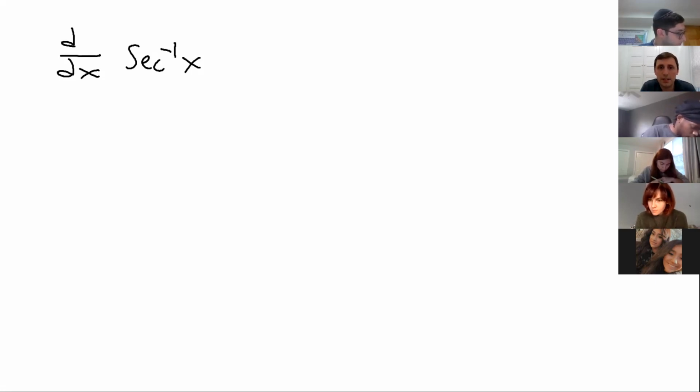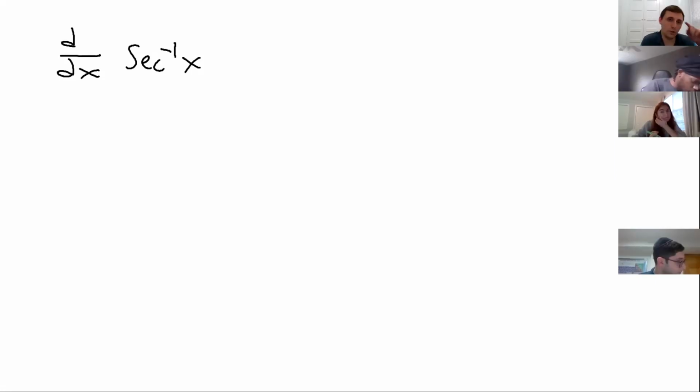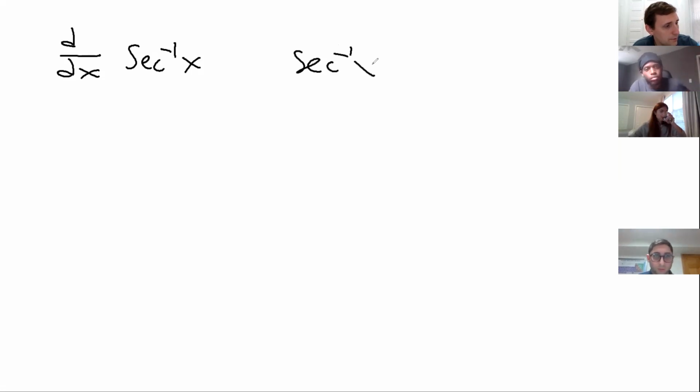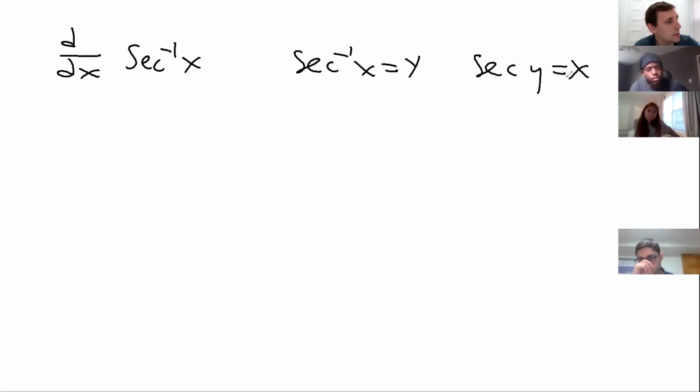All right, so guys, let's do it together. It should take you little time. So what do we have? We have here secant inverse of x is y, which implies that secant of y is x. And so the derivative is y prime equal to 1 over the derivative of secant.